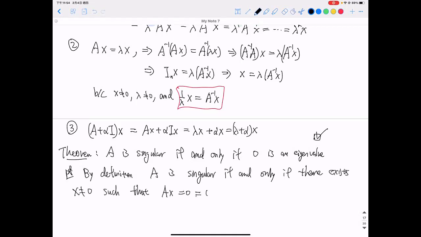And you interpret 0 as the number 0 times x. And this is the same thing as saying that 0 is an eigenvalue. Okay.